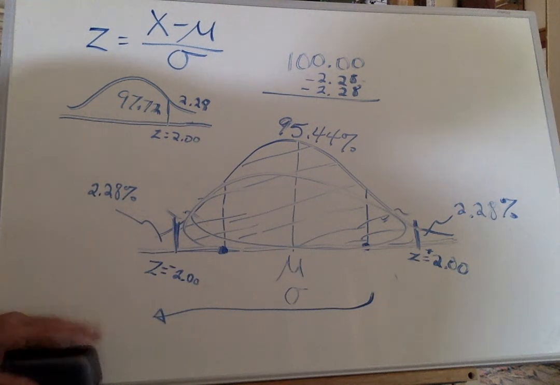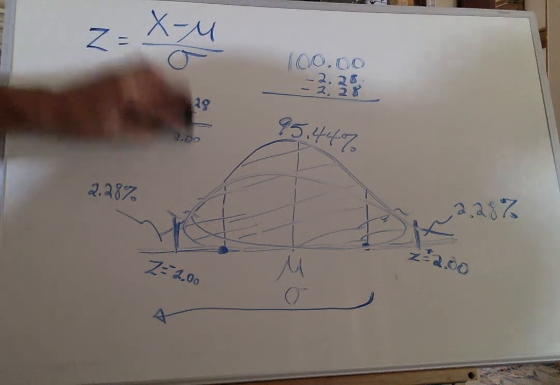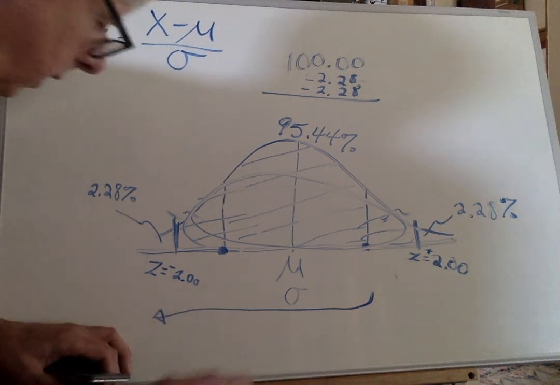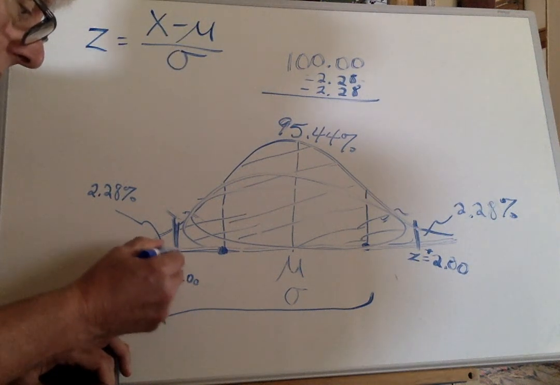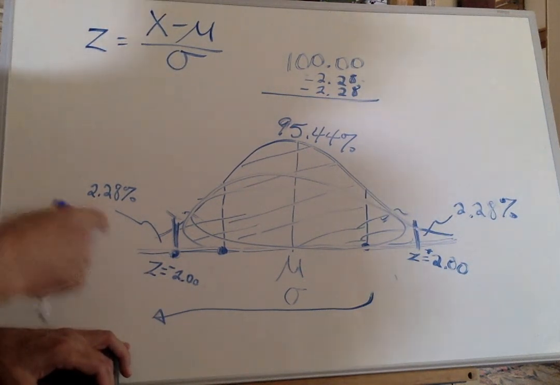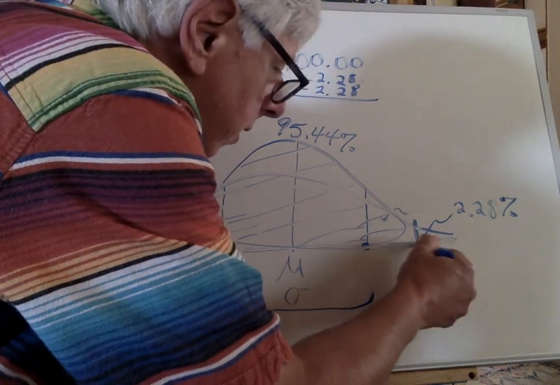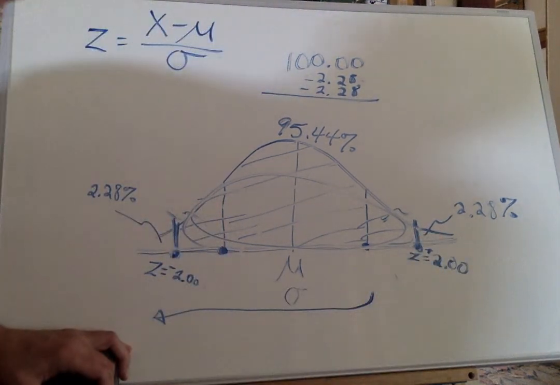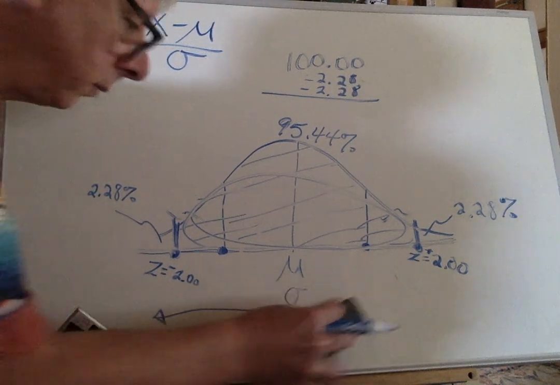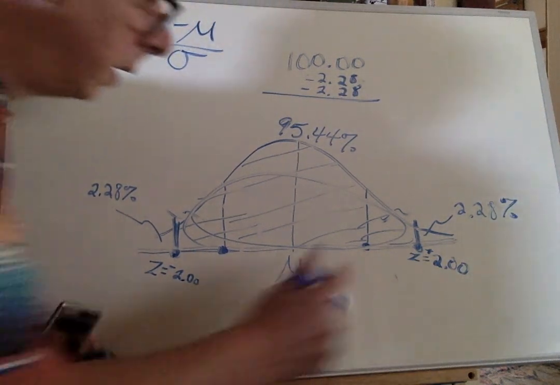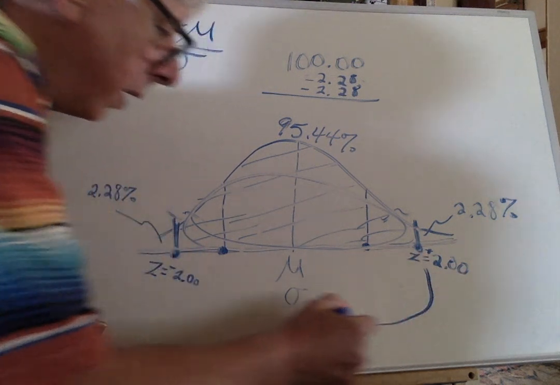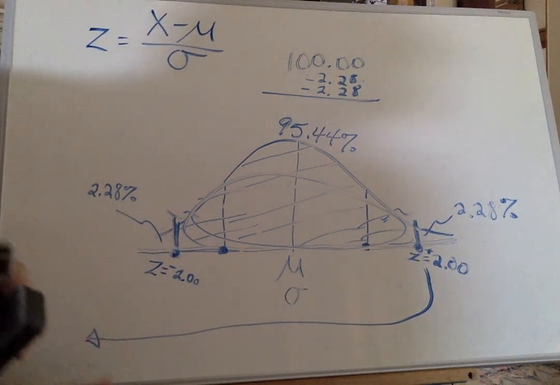And just to be complete here, let's talk about the percentile rank. For somebody that's here, right there, what is their percentile rank? Well, we're asking what percentage of the population is at this point and anything below it.